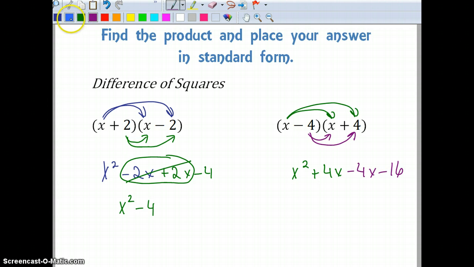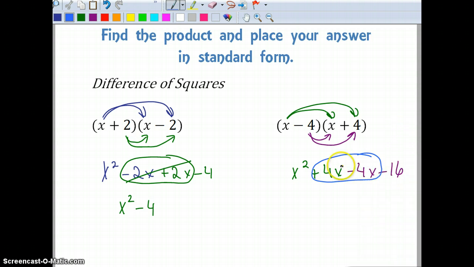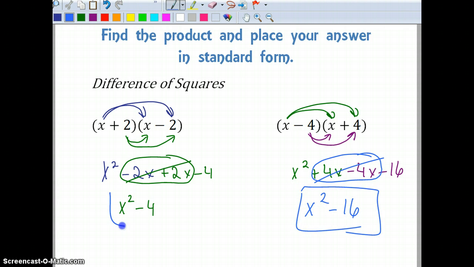Now let's go combine those like terms. Positive 4x minus 4x, well, that adds up to 0. My answer is x squared minus 16. So I'm curious if you see a pattern with either of these.